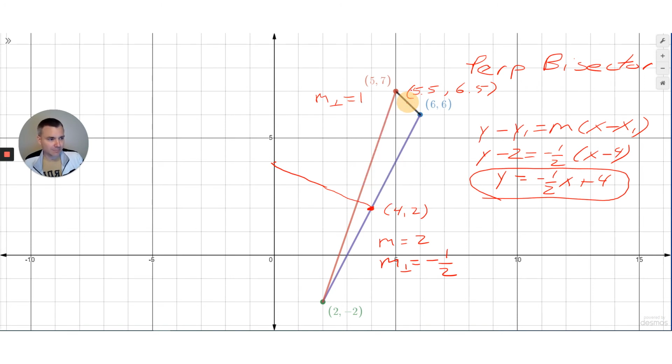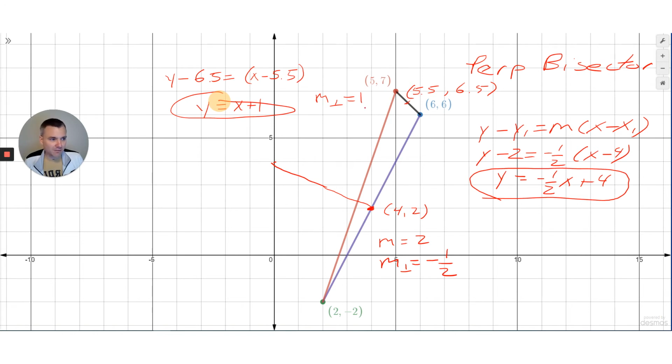Now I need to do y minus 6.5 equals +1 times x minus 5.5, or more simply, y equals x plus 1. All right, so those are 2 of my perpendicular bisectors.